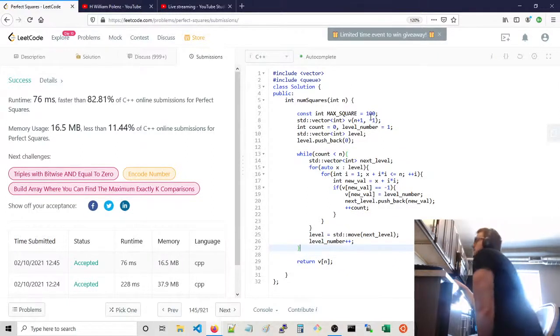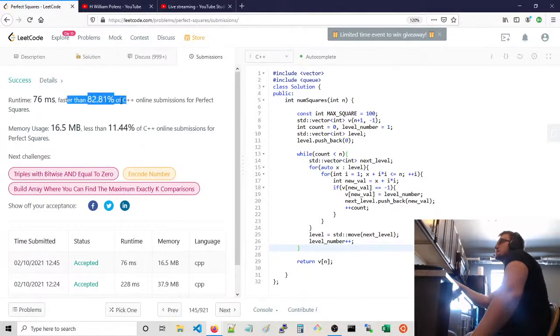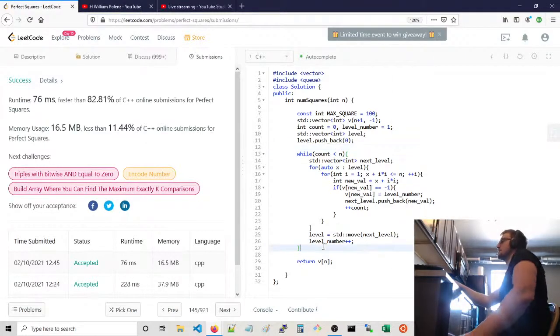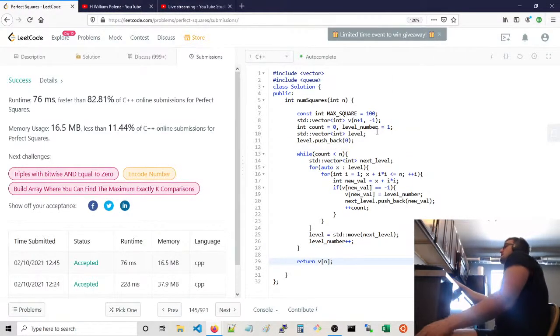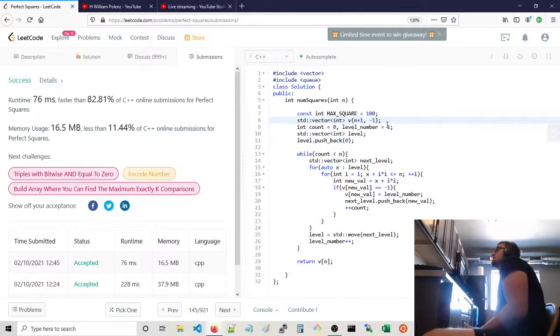So that's way faster, and a little bit better on the memory, although still using quite a bit of memory. I think one of the reasons it's faster is that we're modifying how much iteration we do based off of what n is.